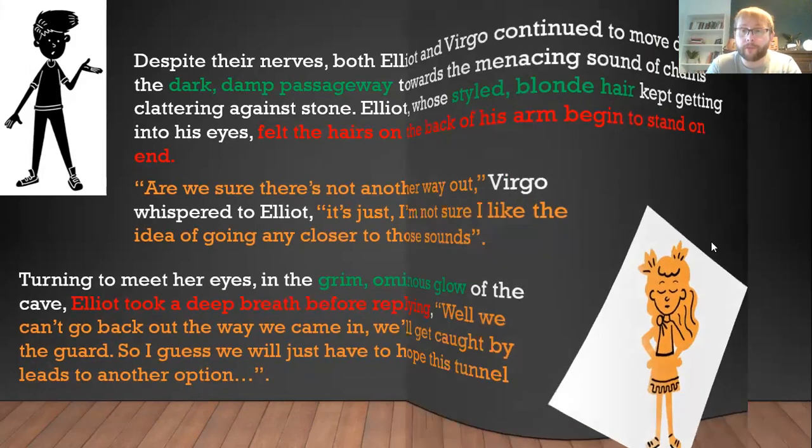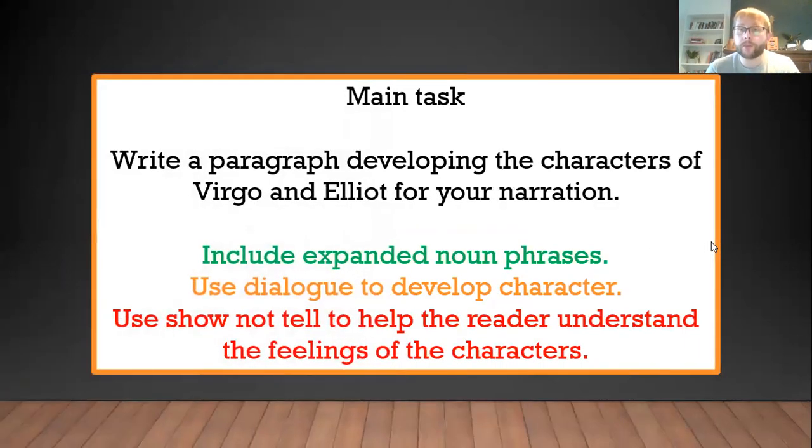And what I'm going to be looking for is that you are then using those techniques to help develop the characters. You can do it as like I just did, where you write a bit of a scene from your hot write. So it's done then. If you've got that, you've got a scene, you've got a paragraph, you've got a section of your hot write already done. Or you can just do it as a standalone paragraph where you're describing the characters.